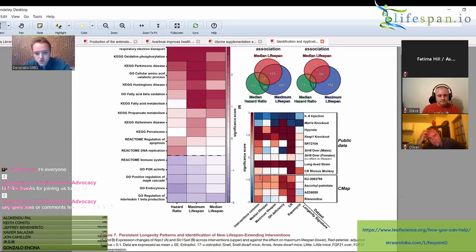And what we observed is that CMAP predictions pretty well predicted real biological changes. Especially in case of the first two drugs, we observed consistent positive association with almost all signatures. In case of the other two drugs, the association was significant for common signatures across interventions, but not with signatures associated with the size of the effect.